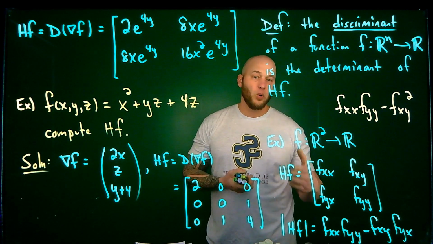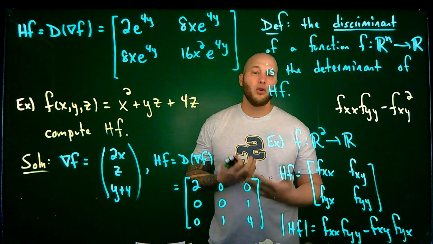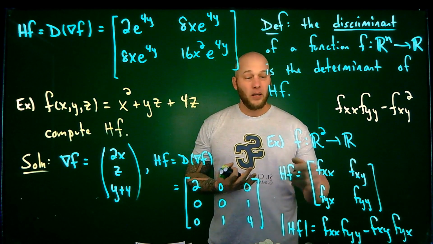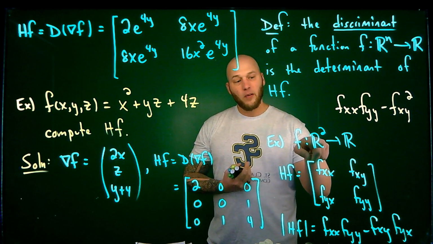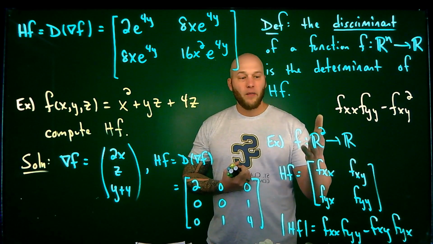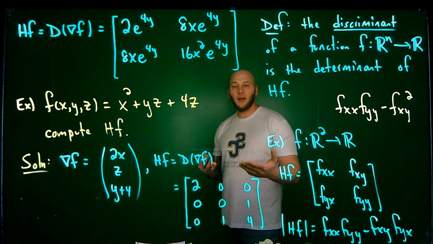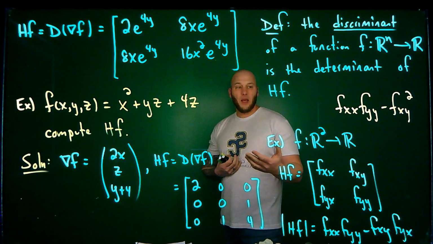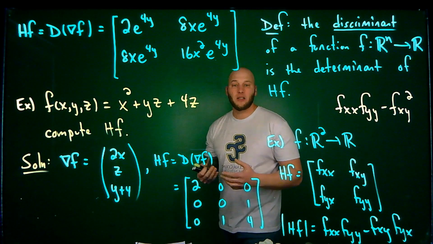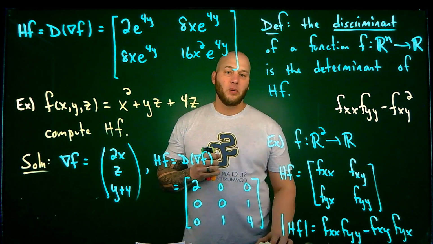And then we are also going to use it to classify critical points of, well, here in Calc 3, you probably went from R2 to R. What if I have 3, 4, 5 variables, right? What if I have more variables than x and y? How can I then classify its critical points? And again, the Hessian is going to be the key to that.